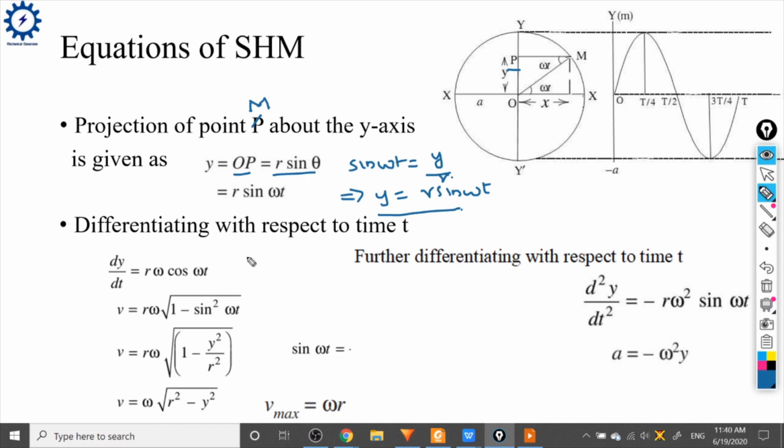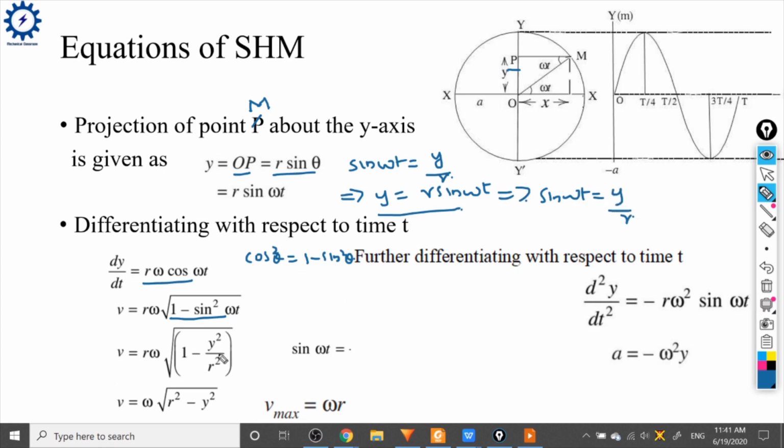From the expression of displacement we can determine the expression of velocity by differentiating with respect to time. Cos square theta equals 1 minus sin square theta. We are applying this relation here. So cos omega t will be equal to root of 1 minus sin square omega t. But we know sin omega t is, from this relation, y by r.